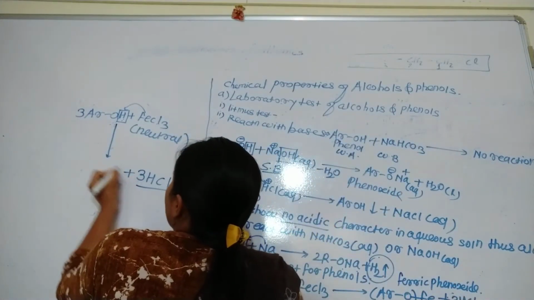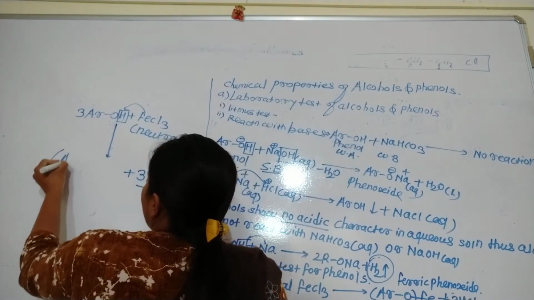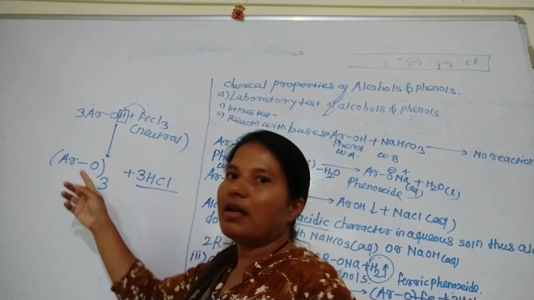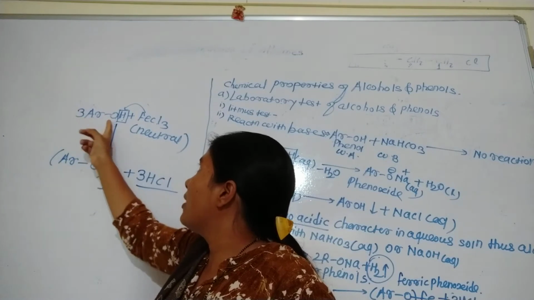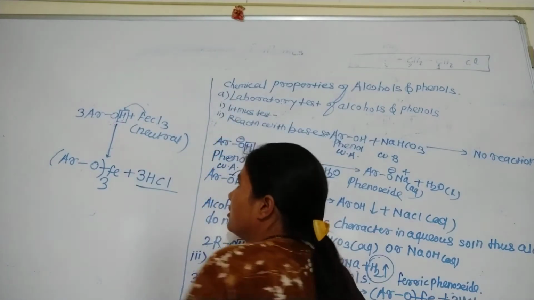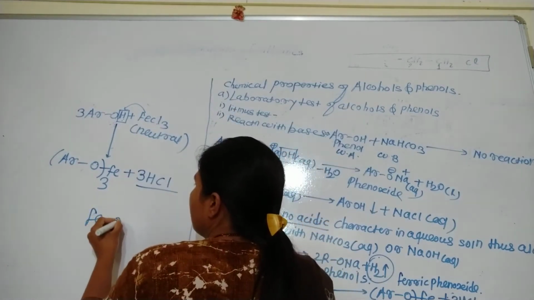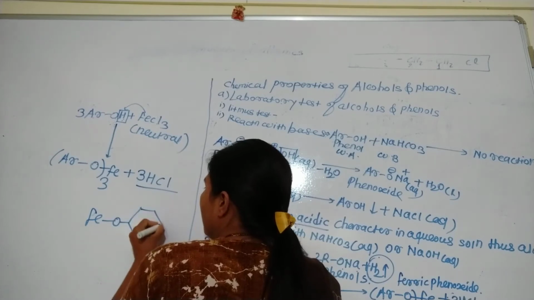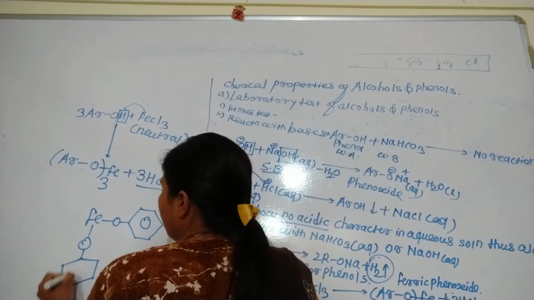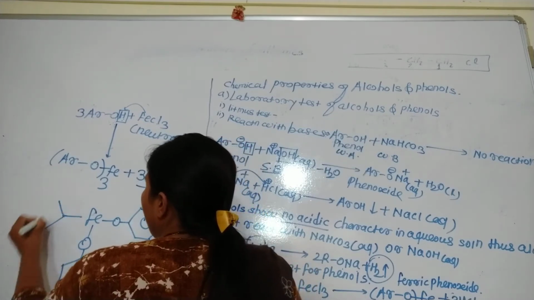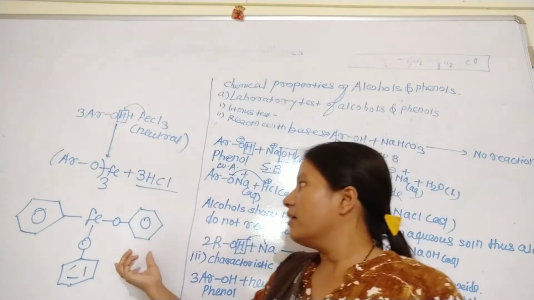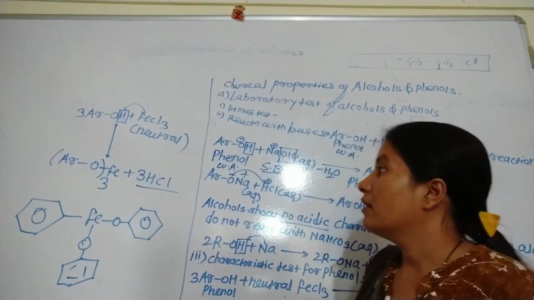Your product has 3 phenoxide ions, ArO, and the iron ion can form a complex here. This is your complex. This complex has a deep color. It may be violet, purple or green. It's a very simple test.